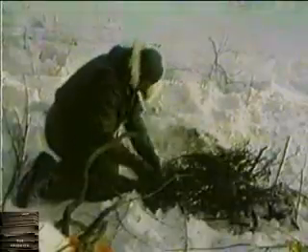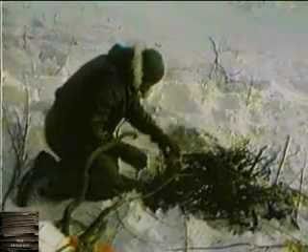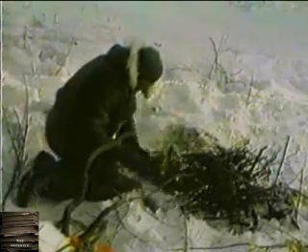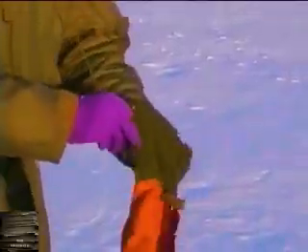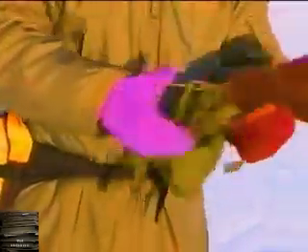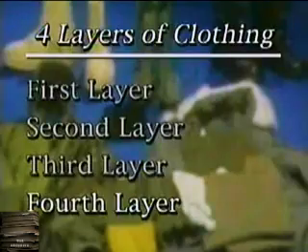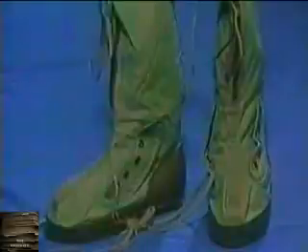A Dacron or Gore-Tex shell and down or Thinsulate insulation are materials that will work well for the parka. Mittens will tend to keep your hands warmer than gloves, but you will lose dexterity of the fingers. Fourth layer. The fourth layer can consist of quilted pants or overboots.